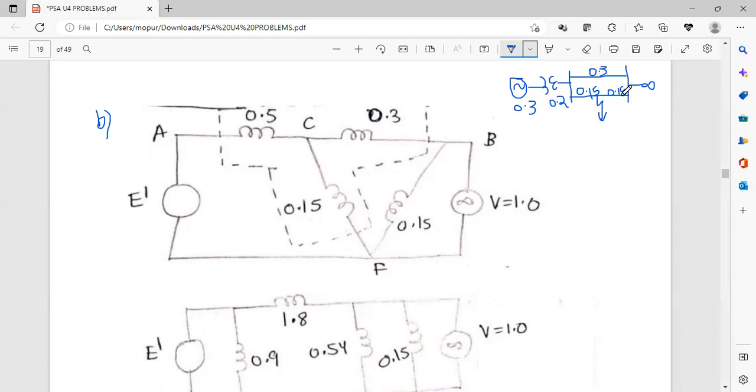So you can observe here, this 0.3 plus 0.2 together, I had written here as 0.5. And then this is 0.3. Here we had 0.5 and then here we had 0.5. You should draw this diagram carefully.